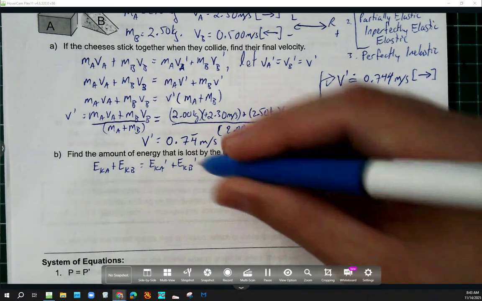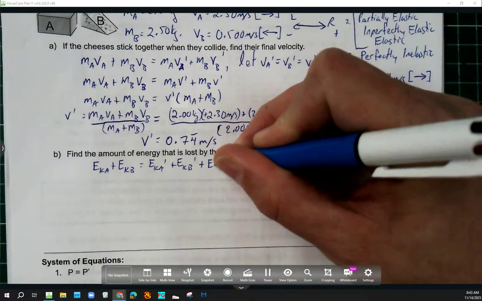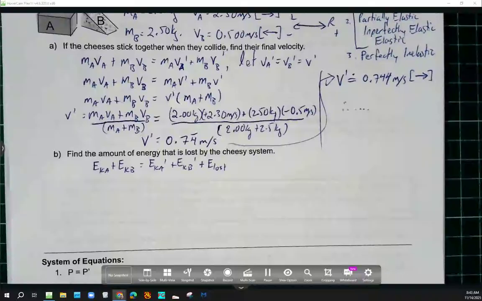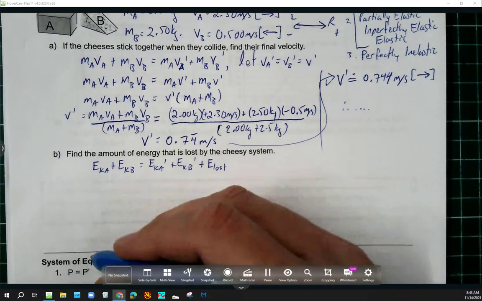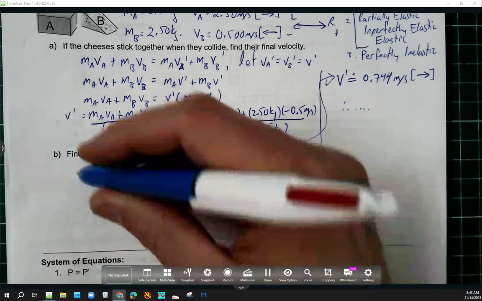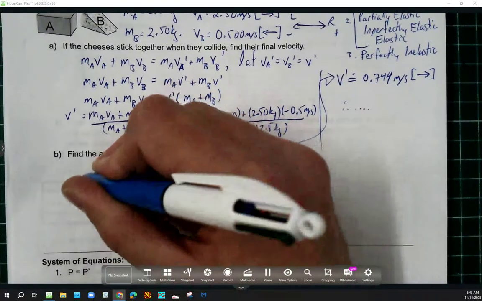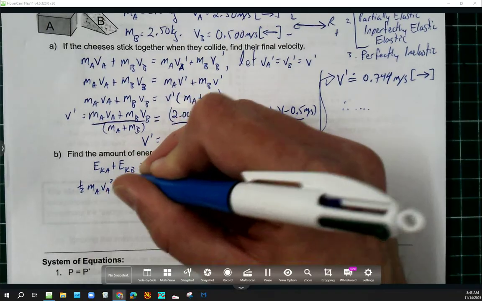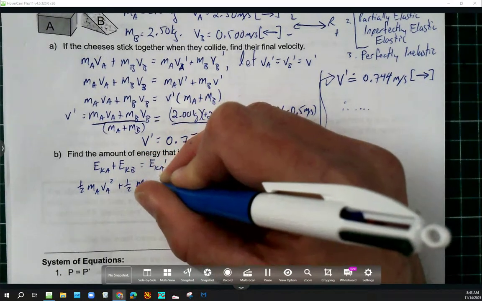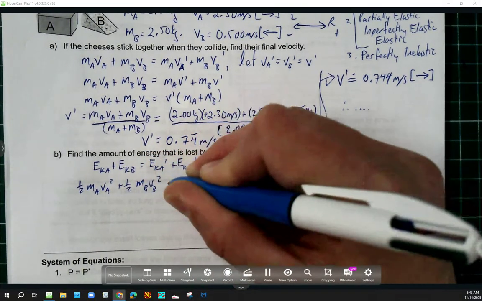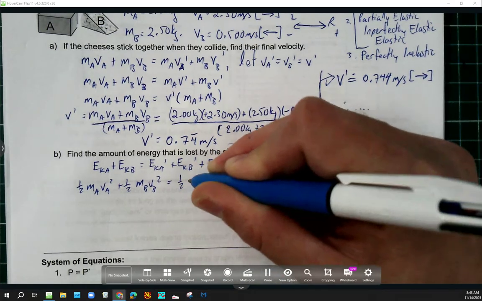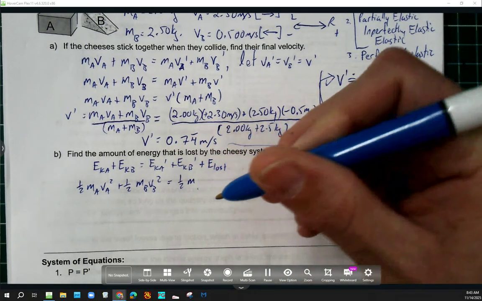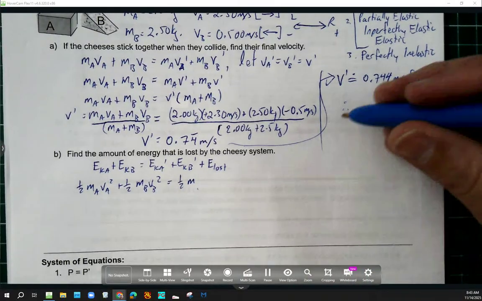So the way that we deal with this is we're just going to tack on an energy lost term onto that. And the way that we dealt with it further last day was to say 1/2 MAVA squared plus 1/2 MBVB squared equals 1/2. Actually, can I just make a quick simplification here?